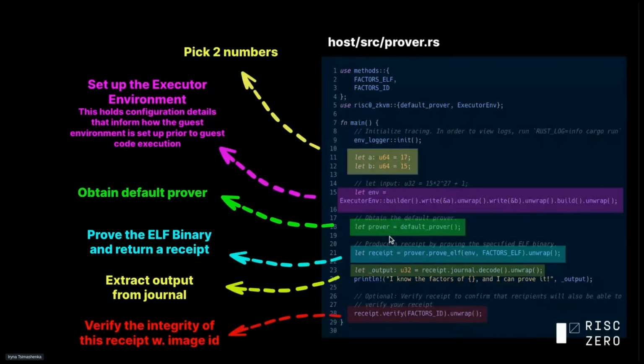Then you obtain the default prover and prove the ELF binary and return a receipt through running prover prove ELF. This is where you actually run this guest program, and then you obtain the output from the journal through the receipt journal, and then you can print the output and also verify the integrity of this receipt with the image ID.